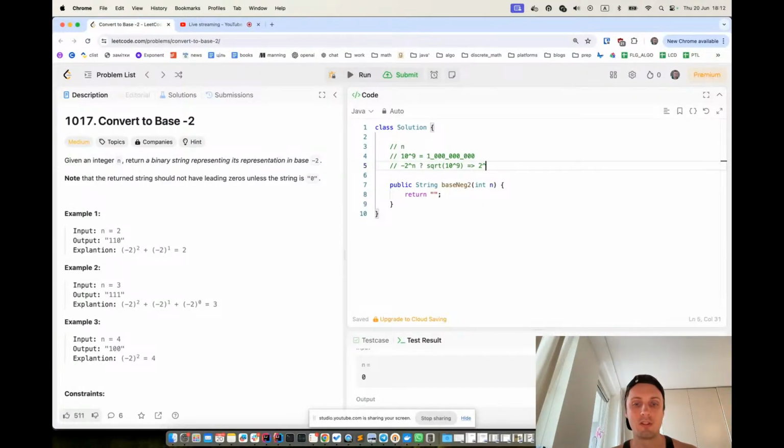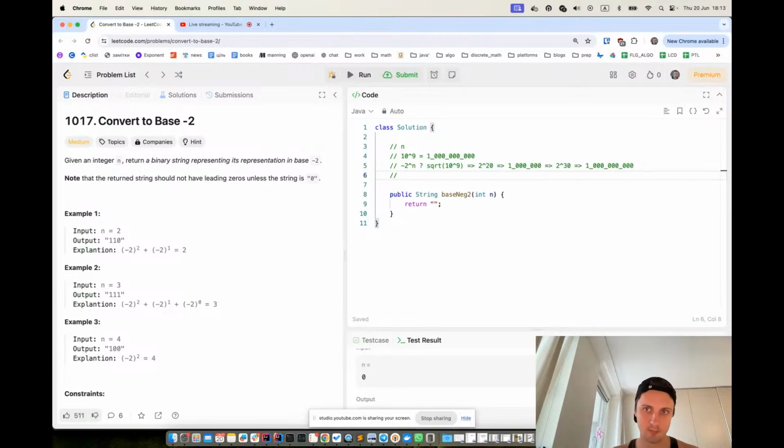So 2 to the power 20, I know that it would be 1 million. And 2 to the power of 30 is actually 1 billion. It's a little bit more, but yeah, so 2 to the power of 30. If I have -2 to the power of 30, I have this 1 billion.